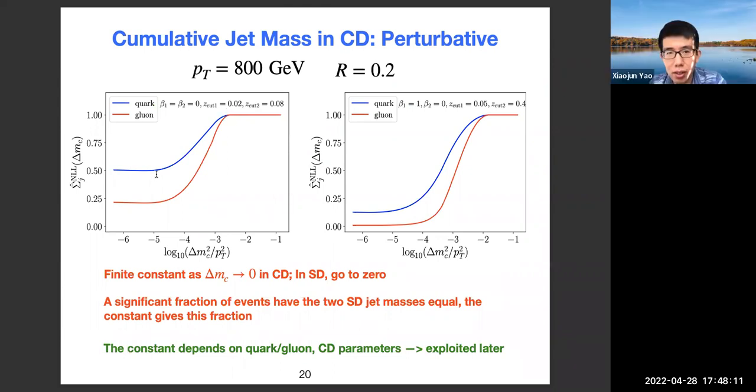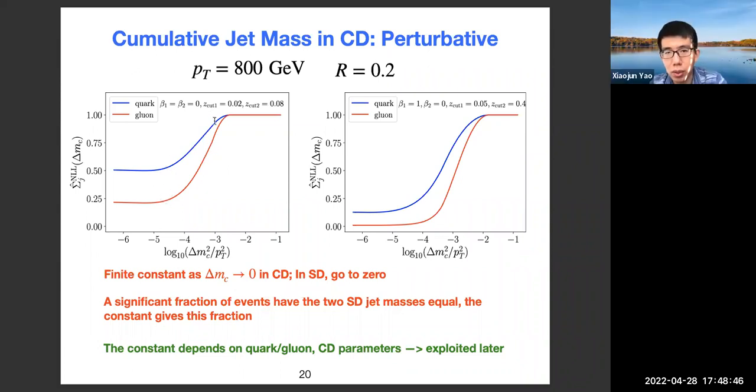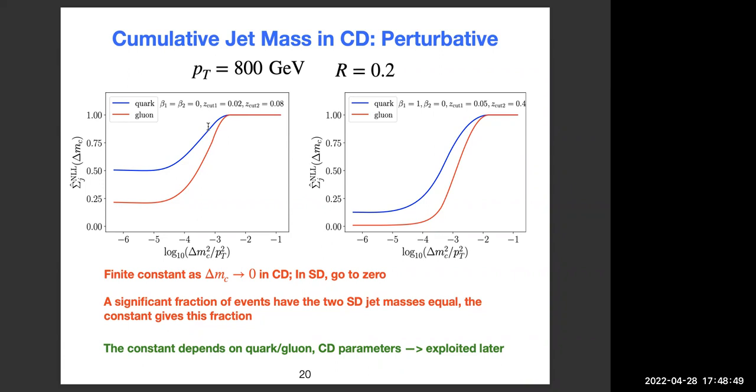It looks like for both different values of z cut, for the similar value of mc² over pt², irrespective of what your z-cut is, you start seeing more jets being included. I thought the turnover would depend on the z-cut, but I can see there is no dependence here, and that's what surprises me.